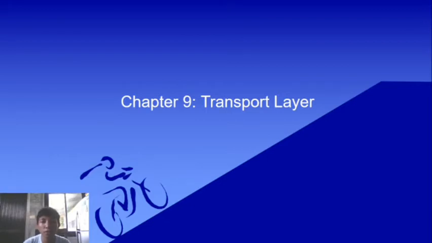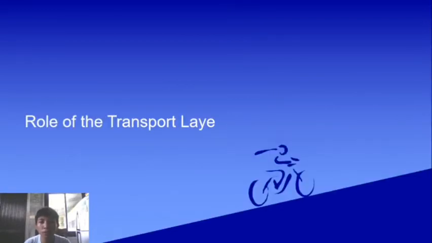So, let's start. The first one is the role of the transport layer. The transport layer is responsible for establishing a temporary communication session between two applications and delivering data between them.